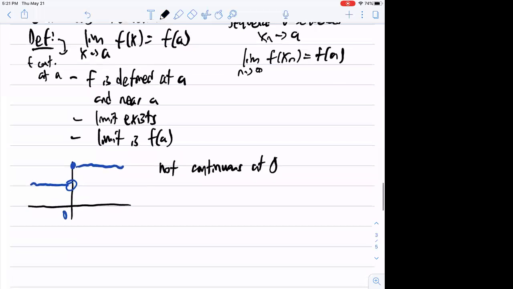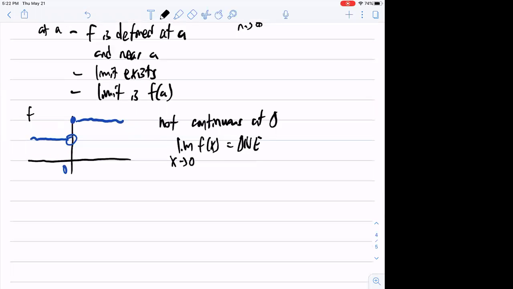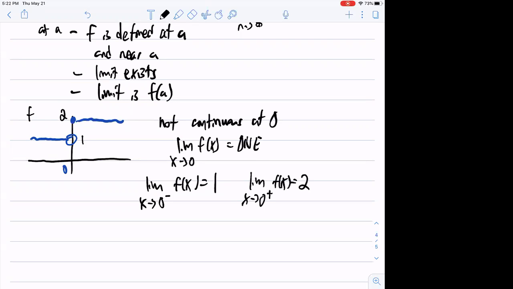Here the limit doesn't exist, right? The limit as x goes to 0 of f of x does not exist, if this is my f. Why? Because if this is 1 and this is 2, the limit as x goes to 0 from the left is 1. The limit as x goes to 0 from the right is 2.